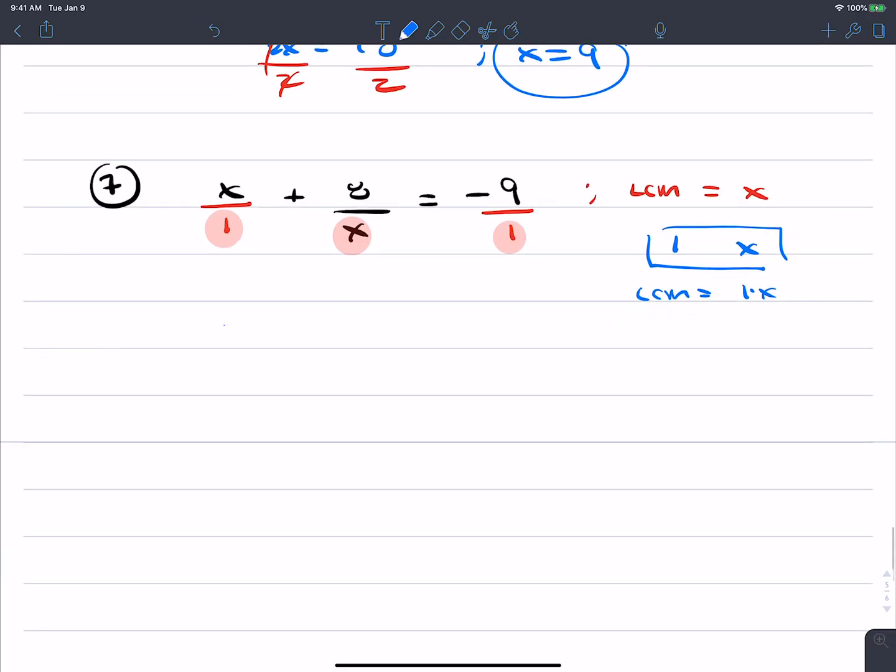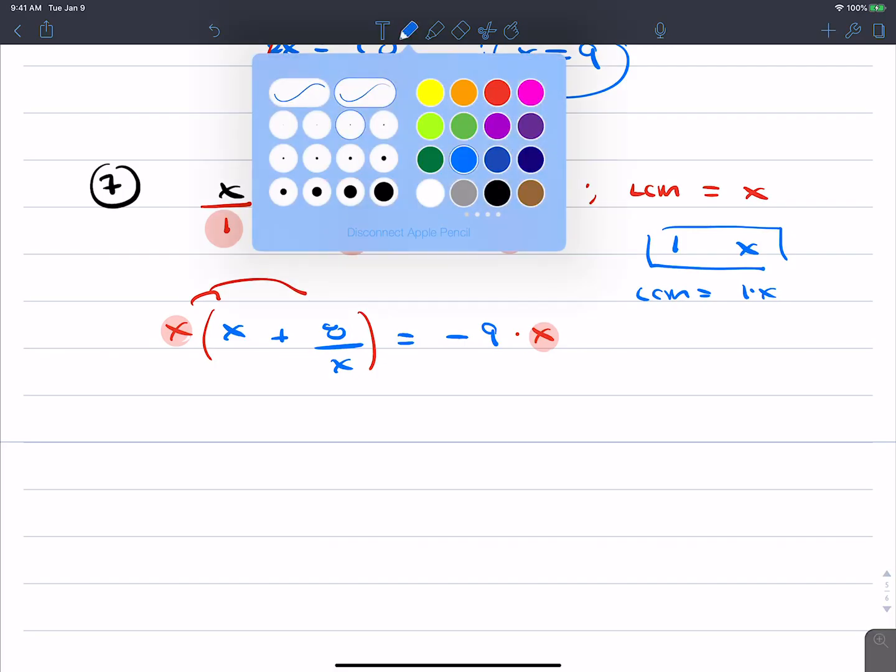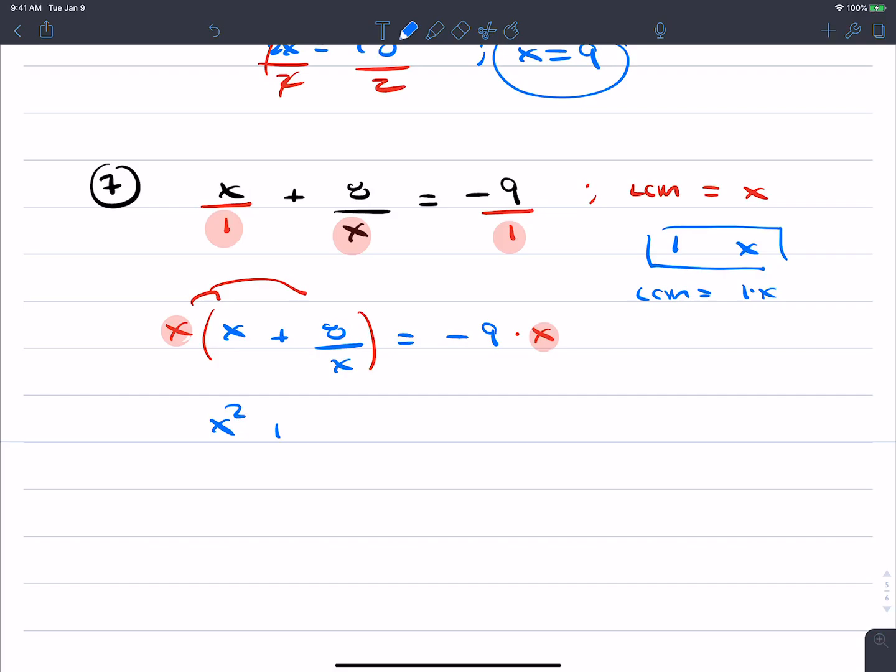So since we have the equation x plus 8 over x is negative 9, we're going to multiply both sides by what? The LCM of x here. So let's multiply both of those sides by x. Distribute. What do you end up getting? X squared plus.